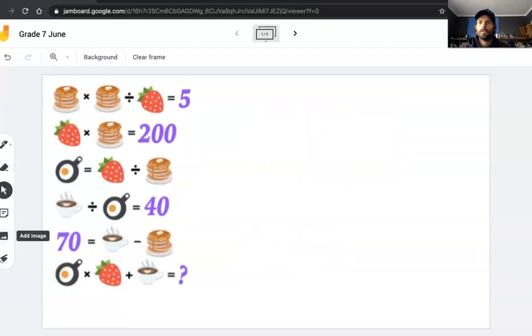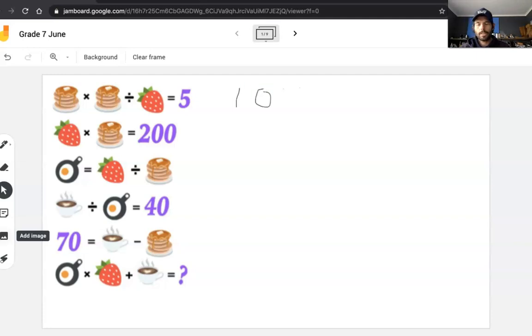A bit of trial and error here. I put numbers in and see if they worked out. In the beginning, I actually forgot about the order of operations, and then I had to go back and start again. So making those kind of errors is fine as long as you learn from them and you recognize those mistakes. So ultimately what I ended up with was the pancakes with 10.